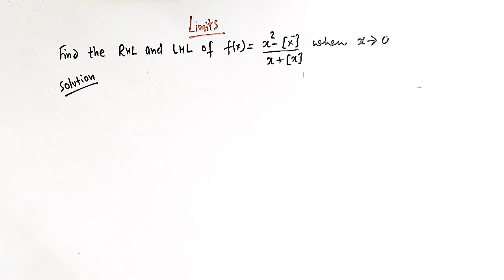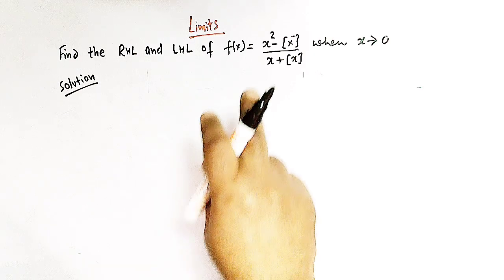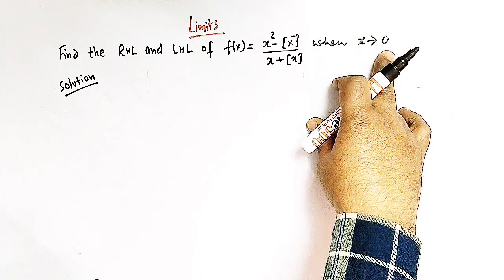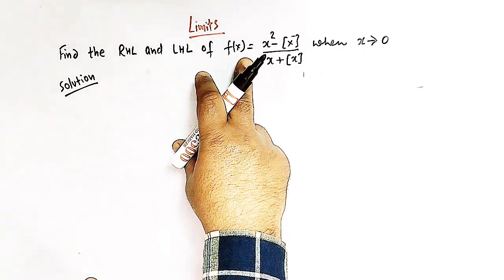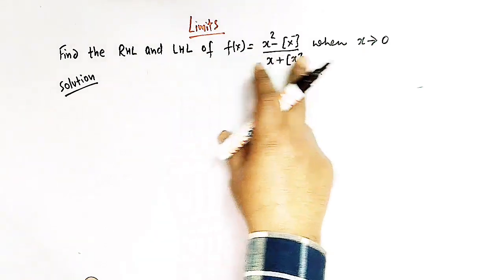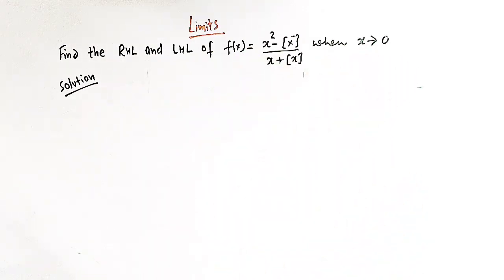So let us see how we can find out the right hand limit and the left hand limit of this function when x tends to 0, and then we'll also draw the conclusion whether the limit of this function f of x exists at x tending to 0, right?